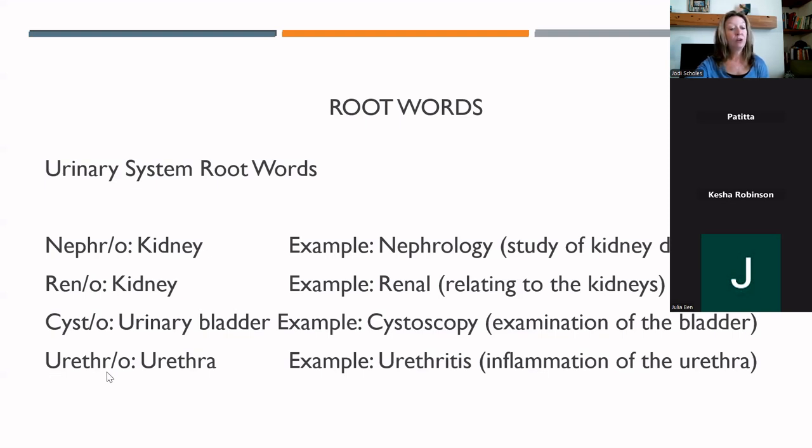And then urethra has to do with the urethra, which is coming from the bladder. That's that tube that goes down the ureter and the urethra. So in this case, urethritis is an inflammation of the urethra.